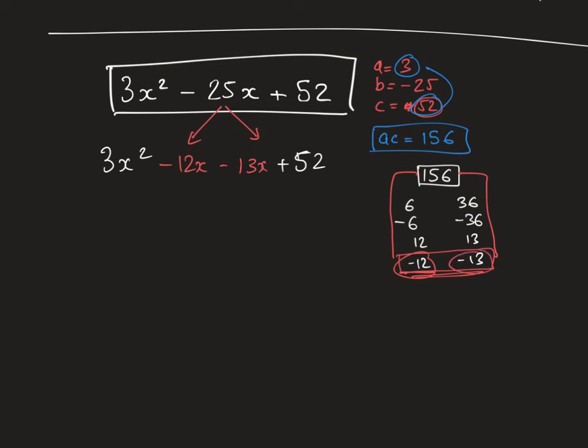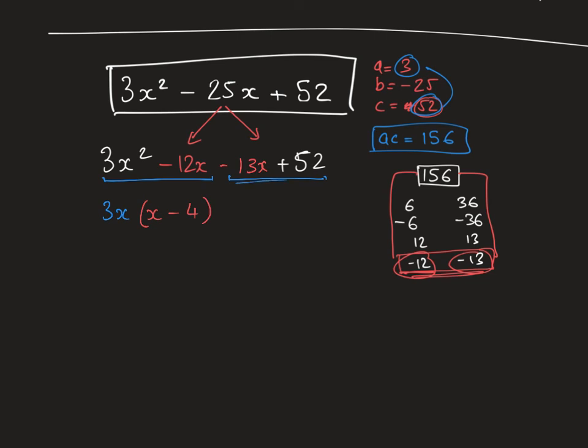So now the final part of the question is we need to factorize this one and we need to factorize this one here. So is there anything that I can divide both 3x squared and 12x by? Yes, that is 3x. So I've got 3x. Of course, that will just leave x minus 4 on the inside.